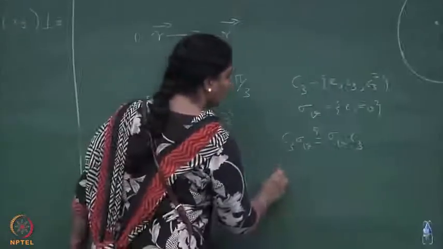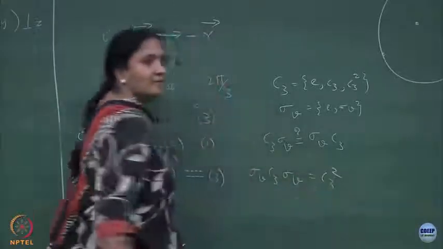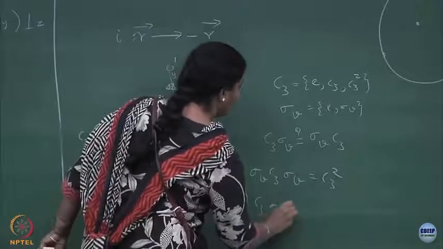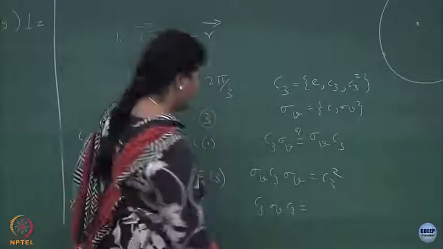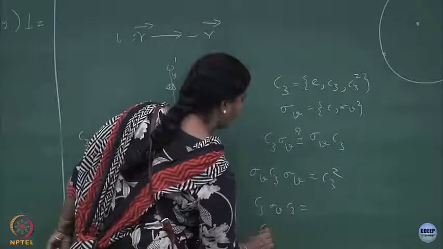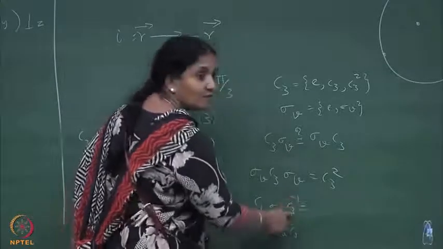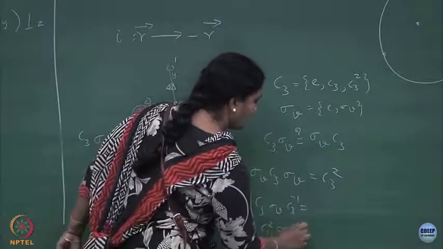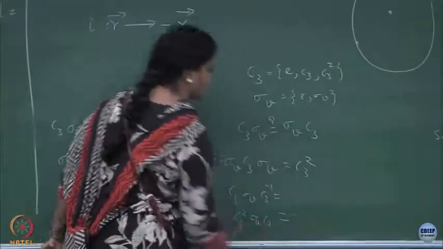You can show that sigma v C3 sigma v will be C3 squared, okay, and you can show that C3 sigma v C3 will be some answer, and then you will also find C3 squared sigma v C3 inverse, and C3 minus 2, which is nothing but C3. What is that?